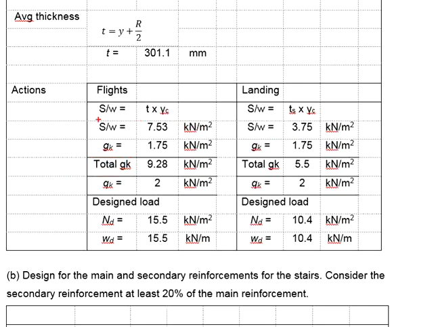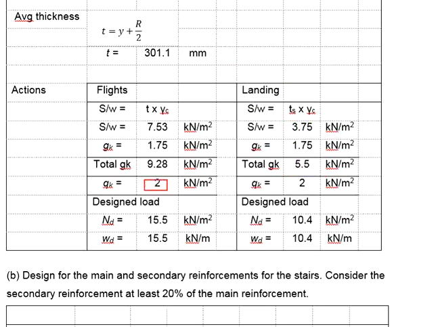The Gk will be the self-weight of the staircase plus the design permanent actions. This plus this equals to this. As for the landing, this plus this equals to this.